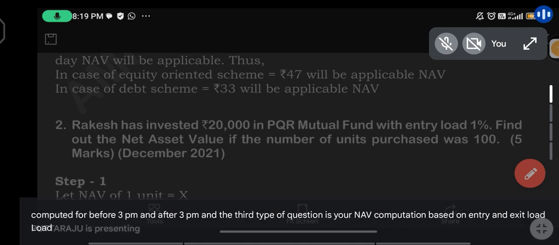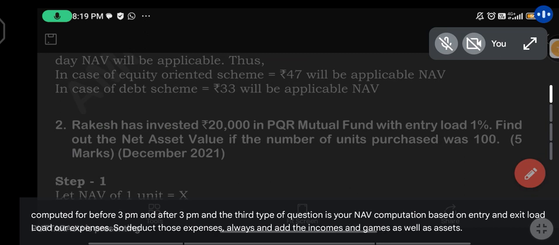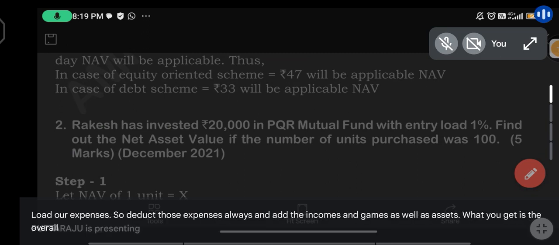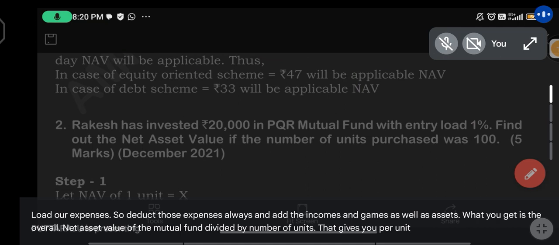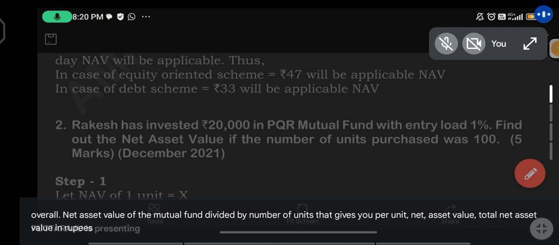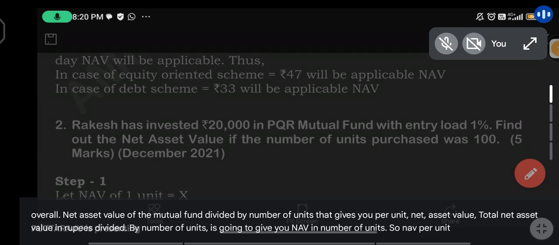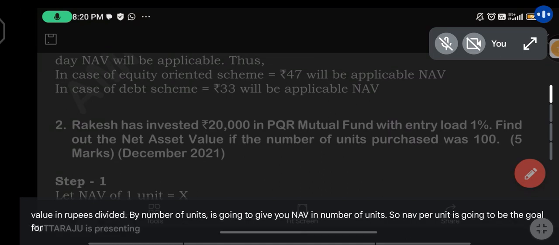Loads are expenses, so deduct those expenses always and add the incomes and gains as well as assets. What you get is the overall net asset value of the mutual fund divided by number of units. That gives you per unit net asset value. Total net asset value in rupees divided by number of units is going to give you NAV per unit. So NAV per unit is going to be the goal for your third type of question.